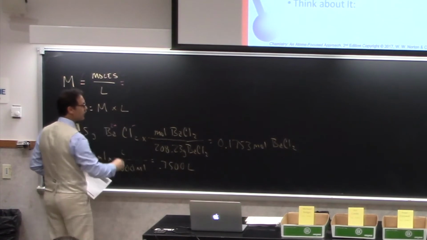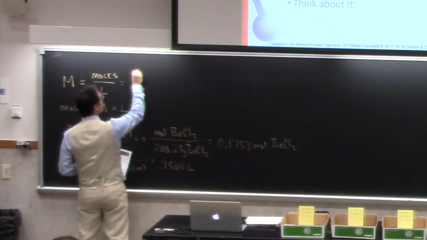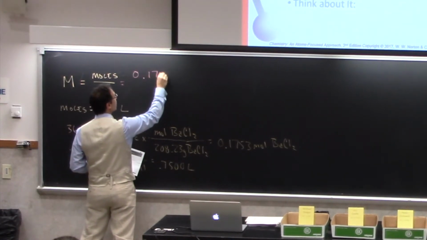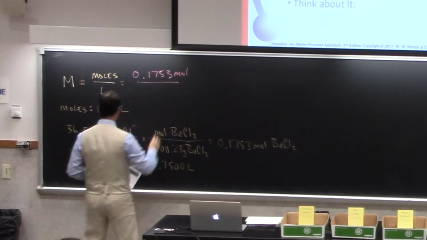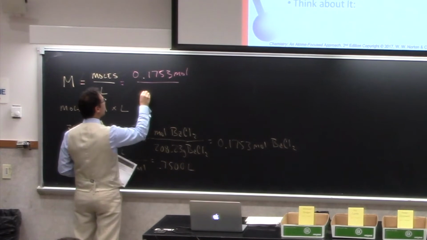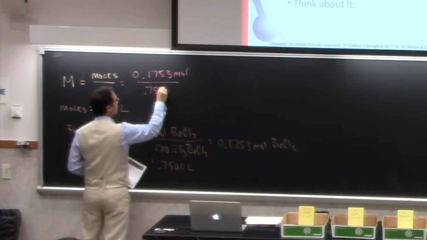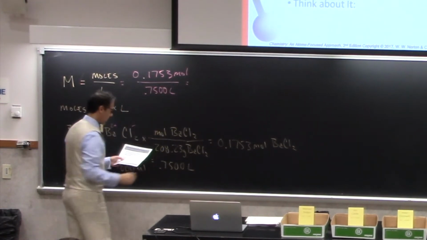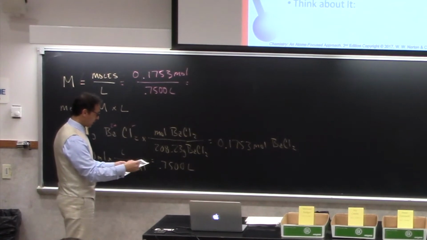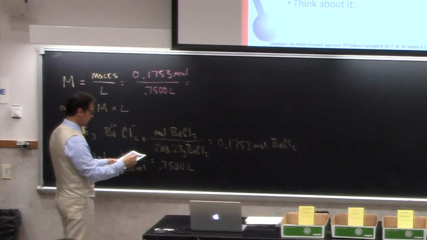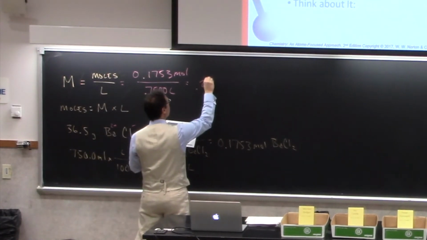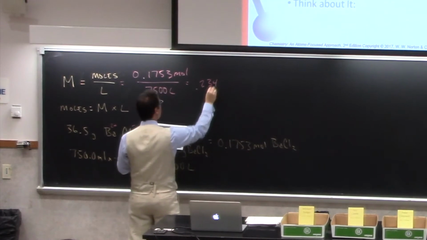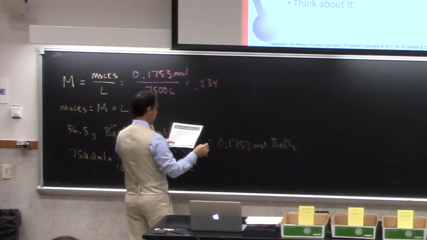And so my moles here, I've got 0.1753 moles. And my volume is 0.7500 liters. And when I finish this, I end up with a concentration of, let's see here, 0.234 moles per liter.